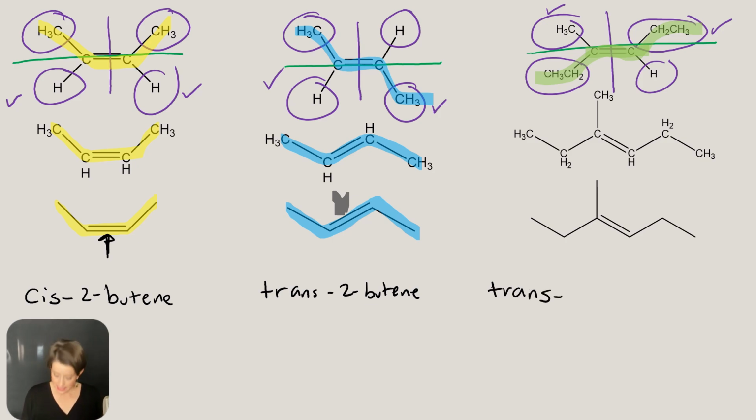Now we need to name it, keeping in mind we do have this additional methyl group. We want that carbon on the double bond to have the lowest locant possible, and no matter the way in which we number that chain, it's going to be 3. So then we need to number the methyl to have the lowest locant possible, and we also want that to be 3. So it's going to be either 3 or 4. 3 gives us that lowest.